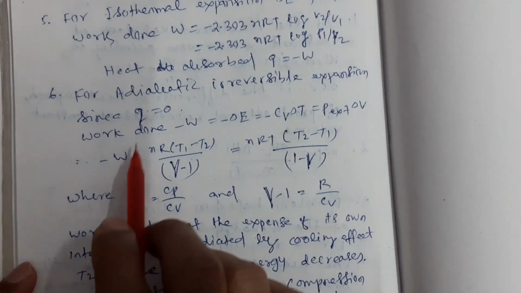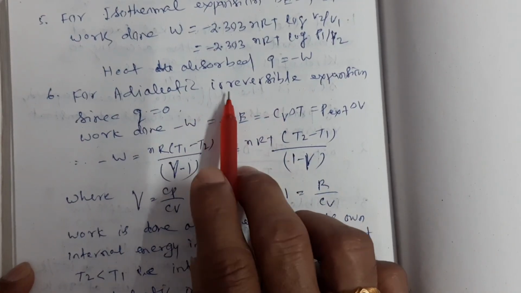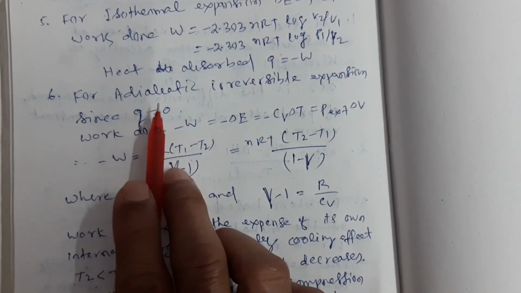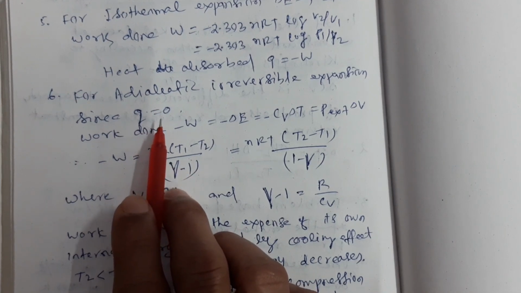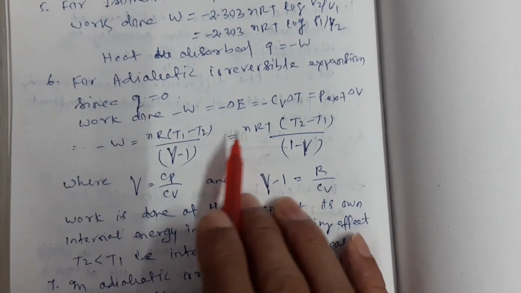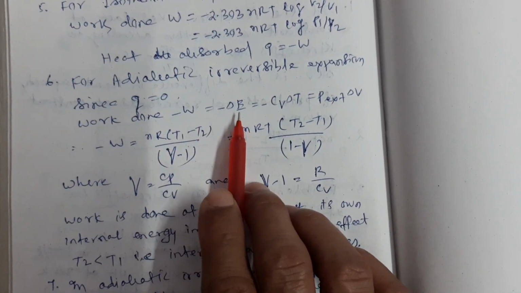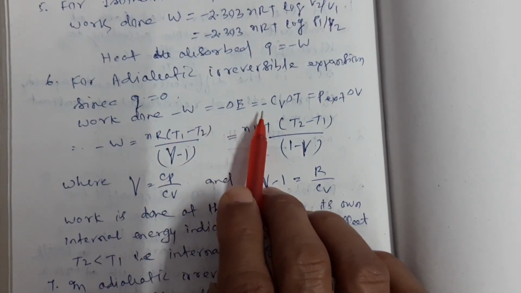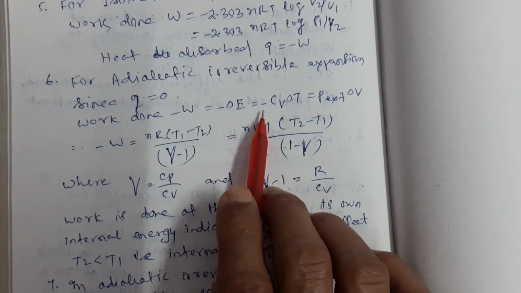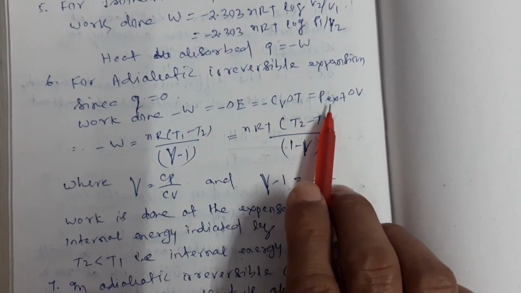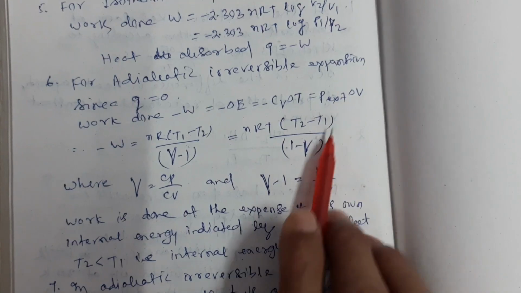Sixth point. For adiabatic irreversible expansion, since Q is 0, adiabatic means Q is 0. Okay, so if Q is 0, then minus W is equal to minus ΔE. So minus ΔE means minus Cv ΔT, that is, the expansion work, P times ΔV.